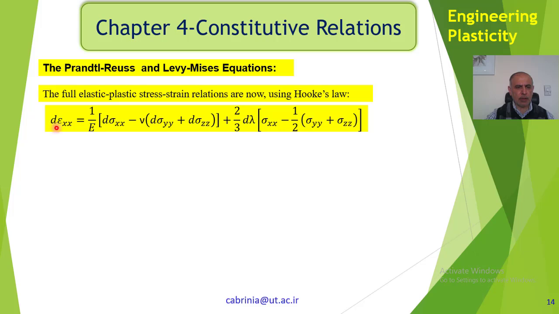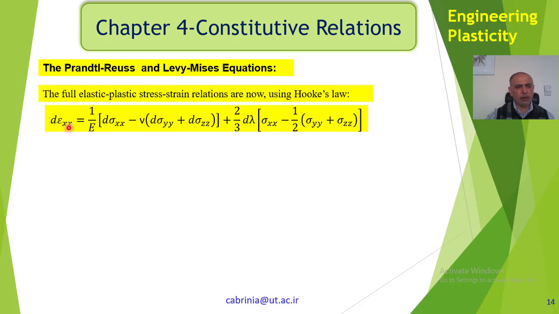So this is the complete picture of elastic-plastic behavior. Obviously, because we have here increment of strain, incremental strains, in here also we have incremental stresses, because this is the elastic part. For the elastic part, if you ignore the plastic part, we have a linear relationship, Hooke's law, between strain and stress.